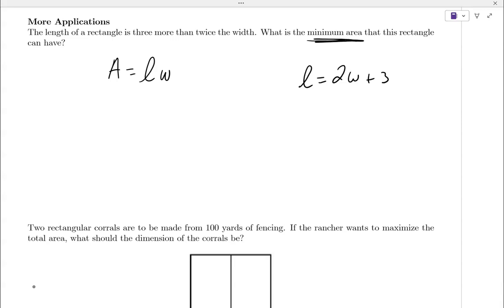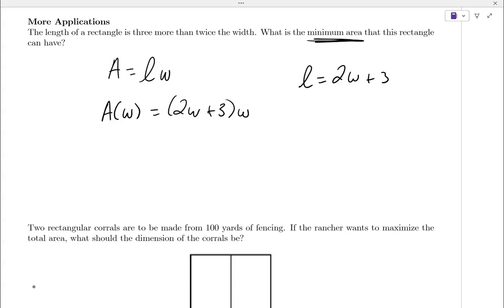Once we have this information, we can plug this in for L, and we get a function that's just in terms of W. And now it looks like things that we've done before, right? Now we have an explicit function that's in terms of 1 variable. And we've done problems where we find maxes and mins of this type of problem, right?